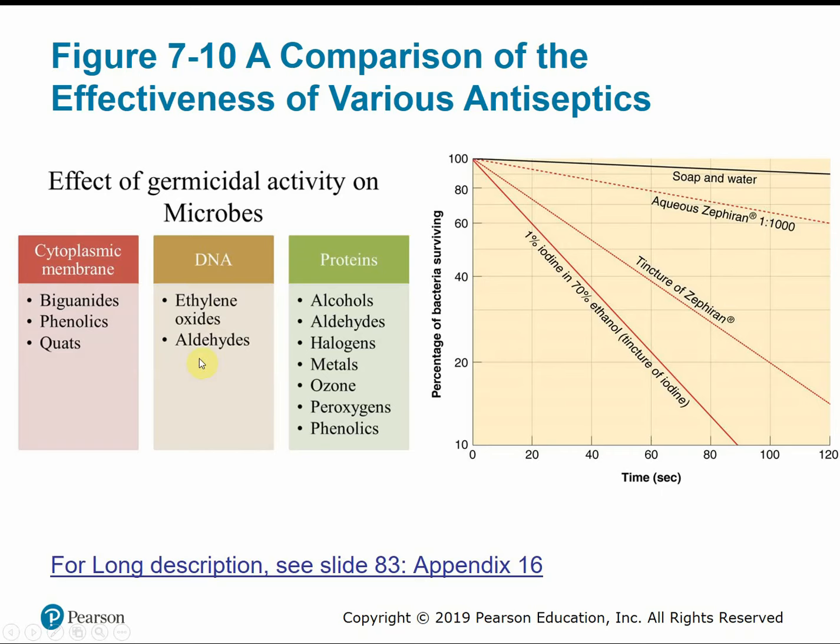Some aldehydes and radiation, we said, targeted the DNA and cause mutations. Halogens, metals, phenolics, and alcohols can also target the proteins, those enzymes. This shows the percentage of a particular type of bacteria surviving different treatments. With just soap and water, we didn't really remove that many microbes at all. The most effective was iodine with 70% ethanol.